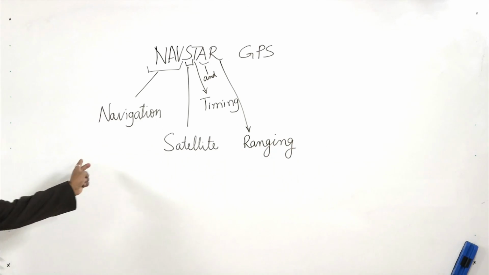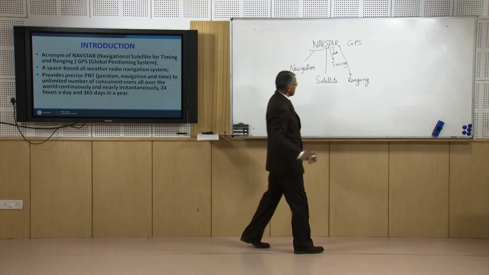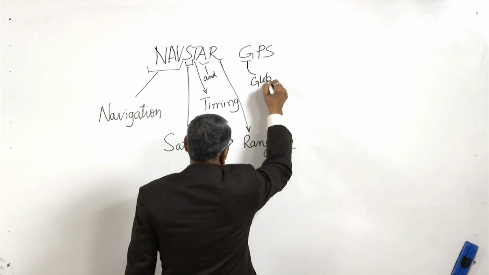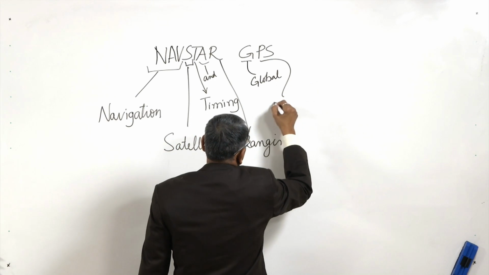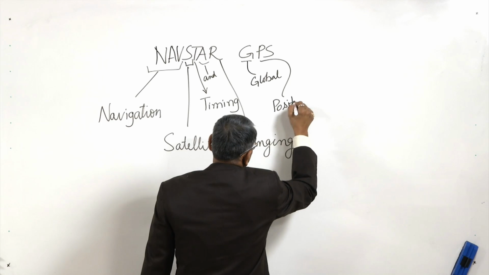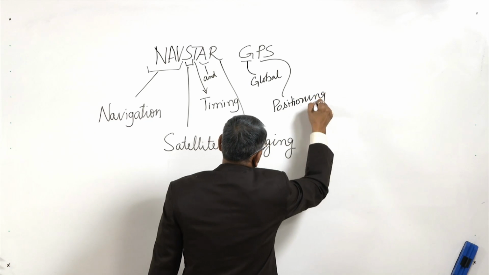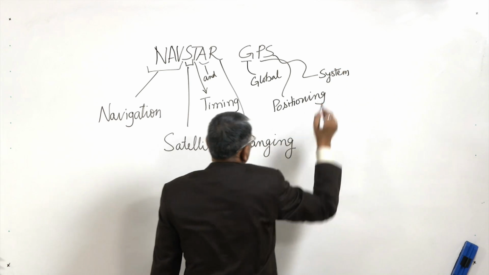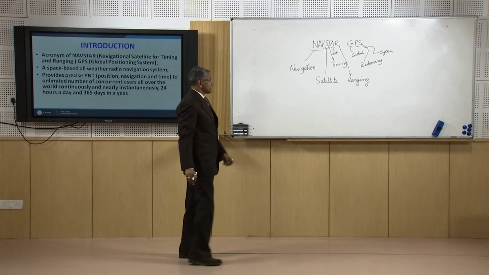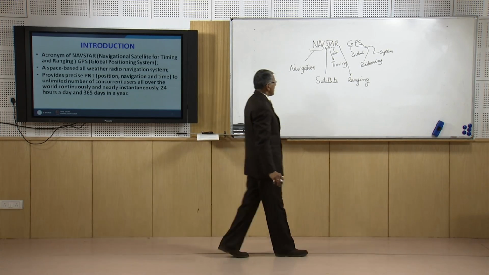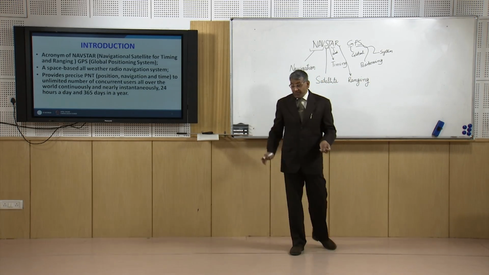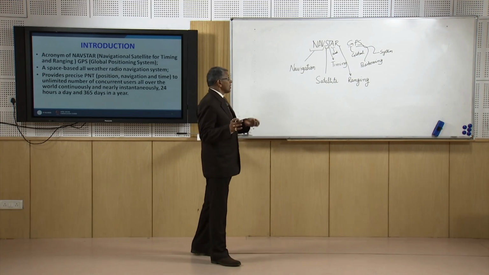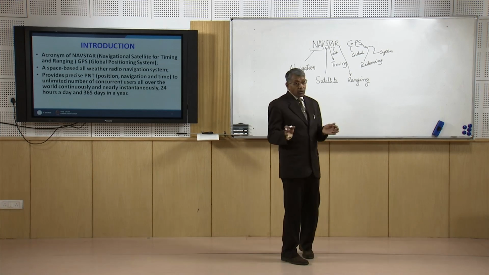So navigation satellite for timing and ranging, and G for global, P for positioning, S for system. This is what we are trying to learn in this course and the first module of the course.